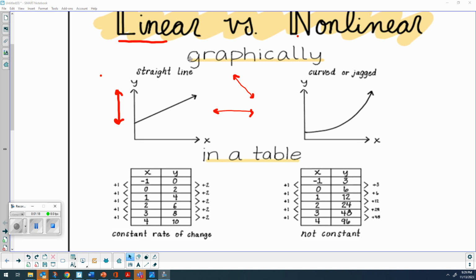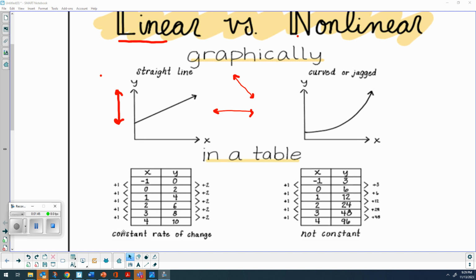It is also important to remember that you can determine if a function is linear by looking at a table. For example, on this table, we've done this in class before. As you can see, if you can establish the change between each x as being the same amount and the change among each y value in the table, then that's considered constant.